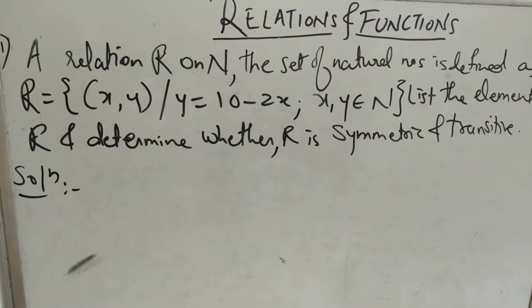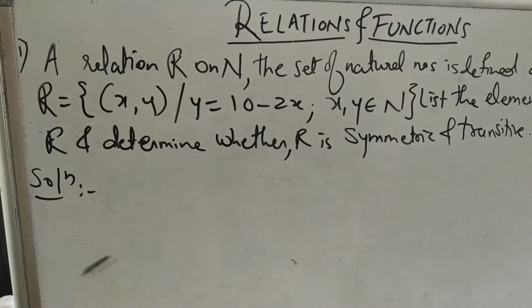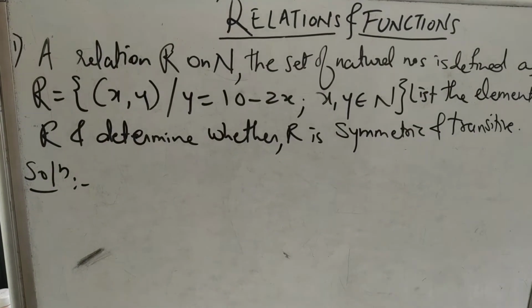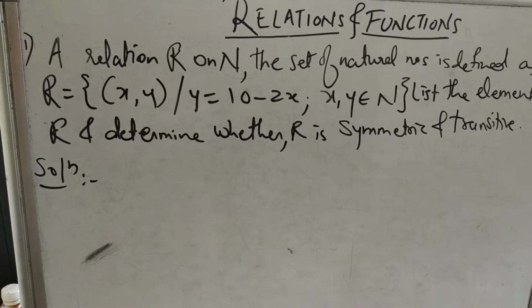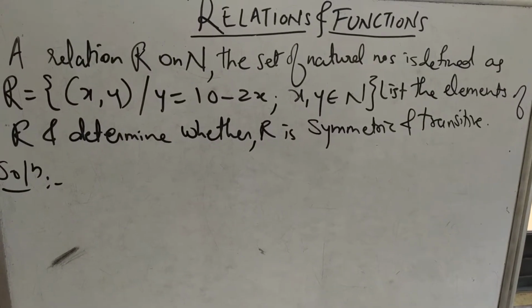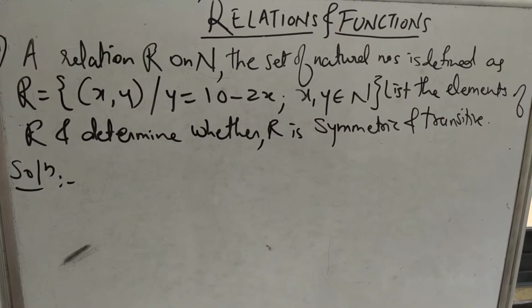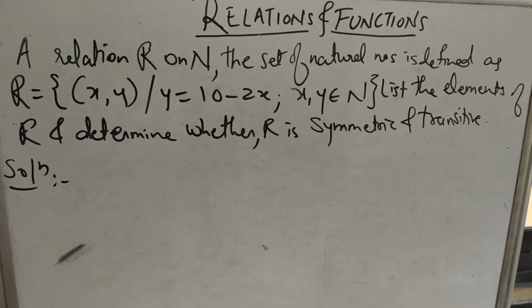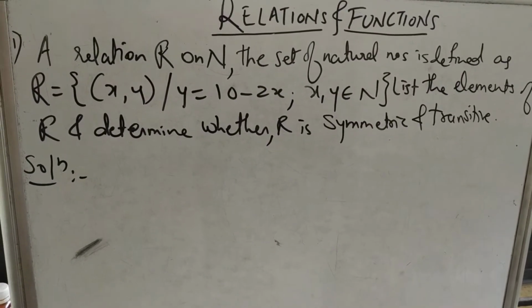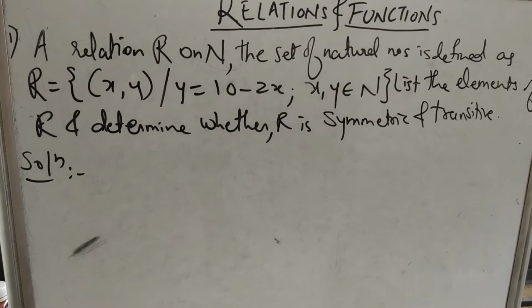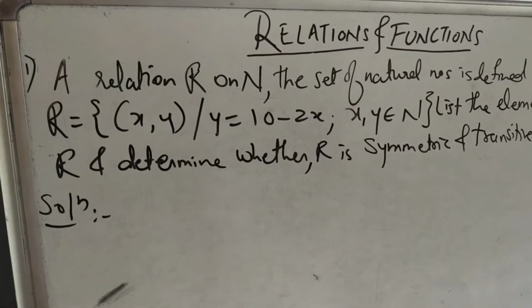As you know, R is symmetric if (a, b) belongs to R implies (b, a) belongs to R. And R is transitive if (a, b) belongs to R and (b, c) belongs to R implies (a, c) belongs to R. So to find all these things, let us list the elements of R.